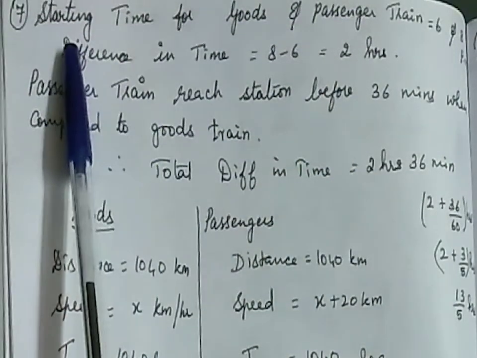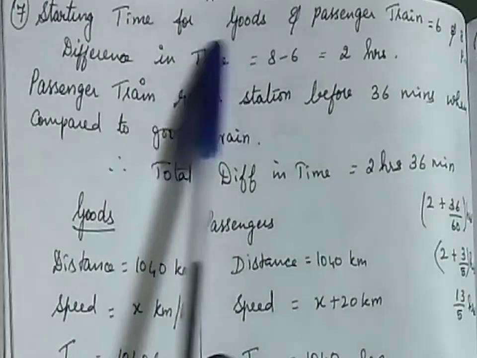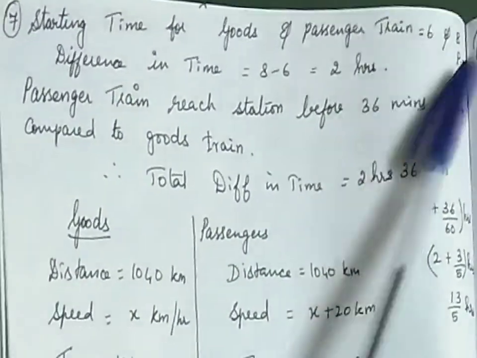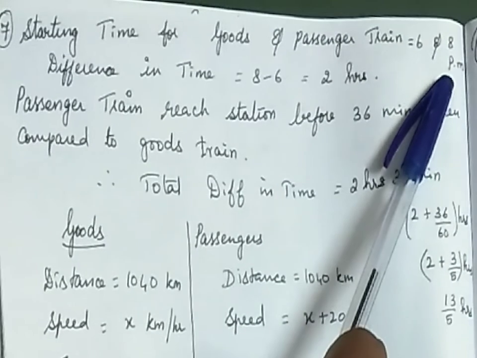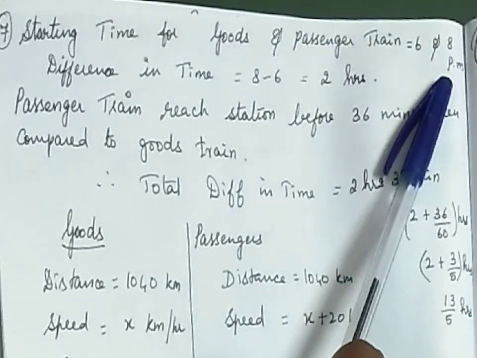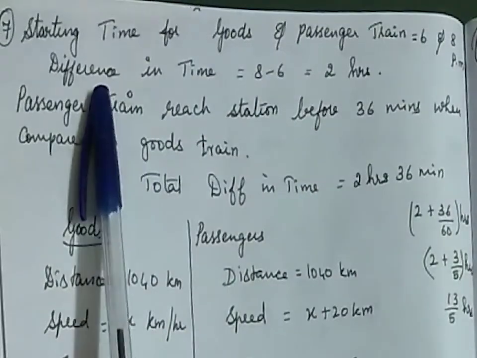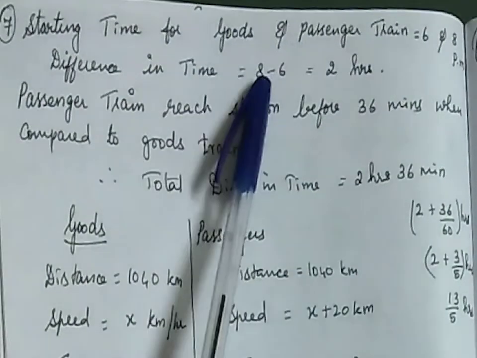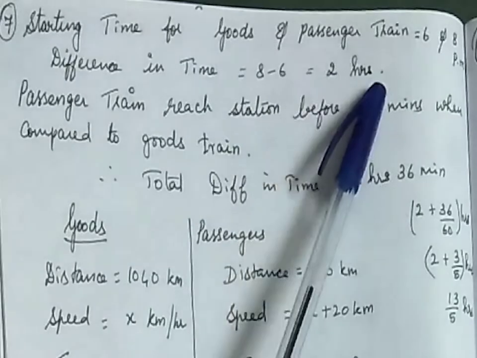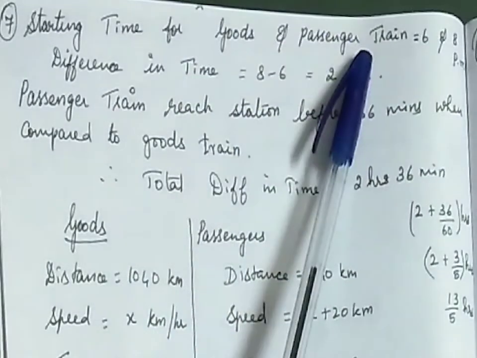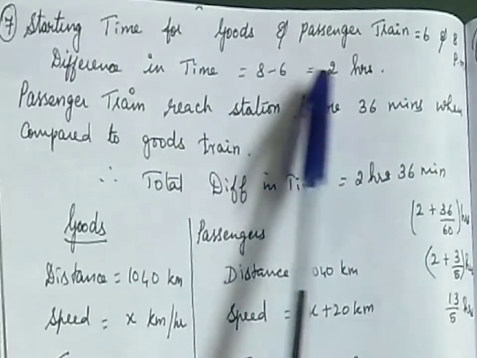So what is given? Starting times for the goods and the passenger train, 6 p.m. and 8 p.m. Difference in time, 8 minus 6, 2 hours. Between these two trains, what is the difference in their time? 2 hours.